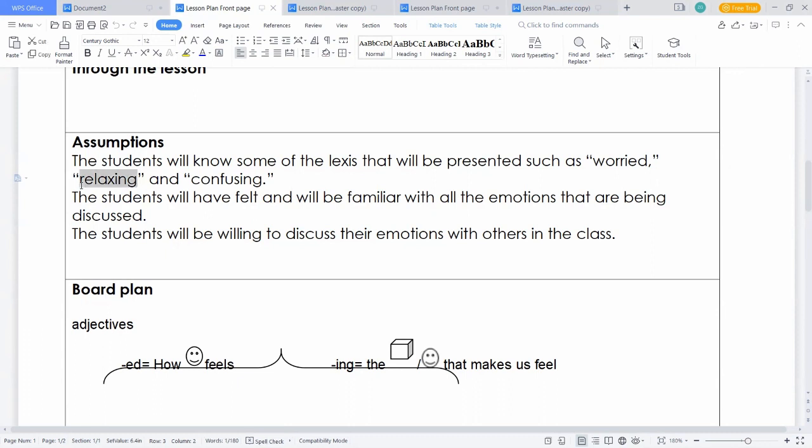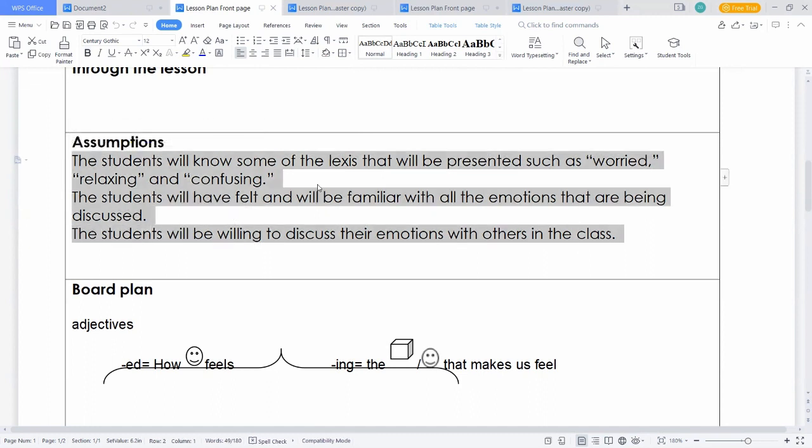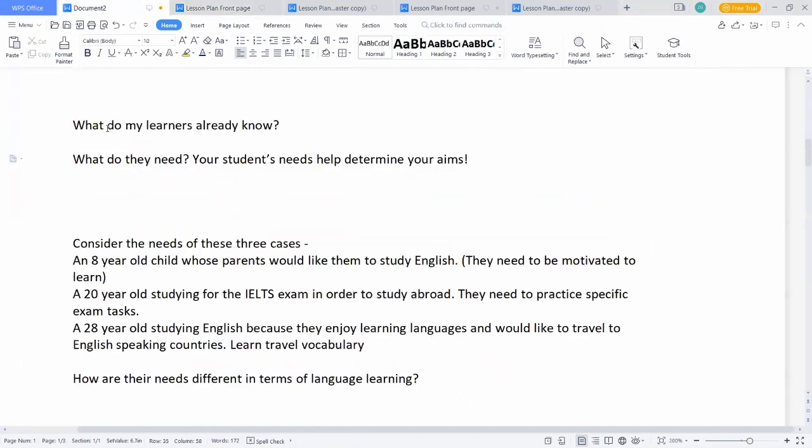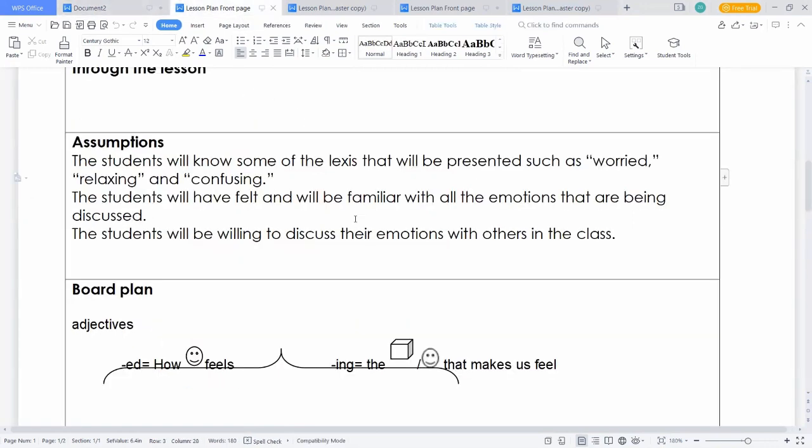Obviously, this is a simple example, but you get more complicated grammar topics and modal verbs that you might have to make assumptions about. You need to fill this in so we can see that you are thinking about what your students already know.